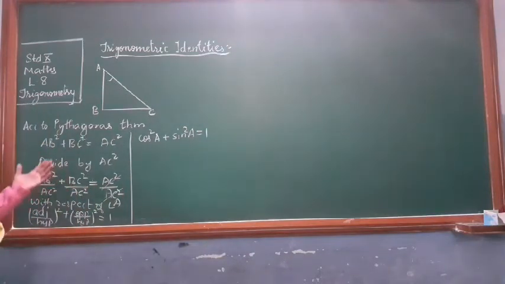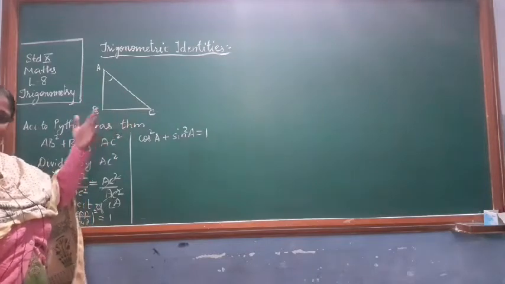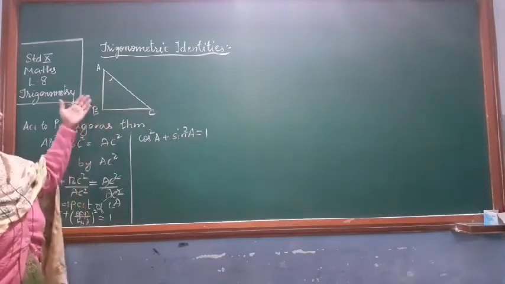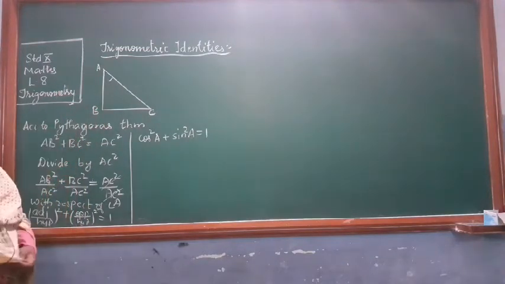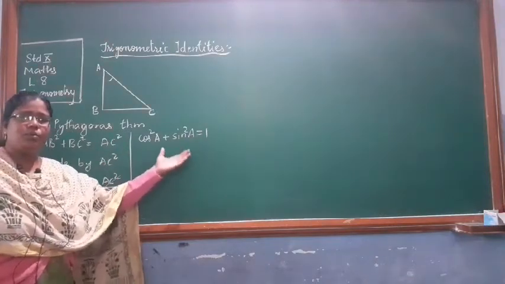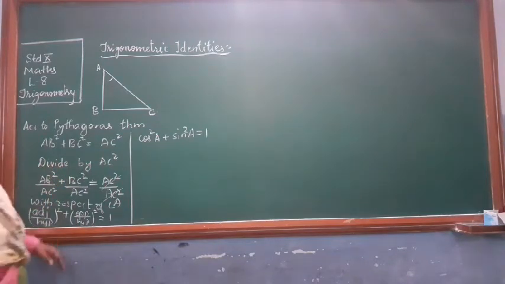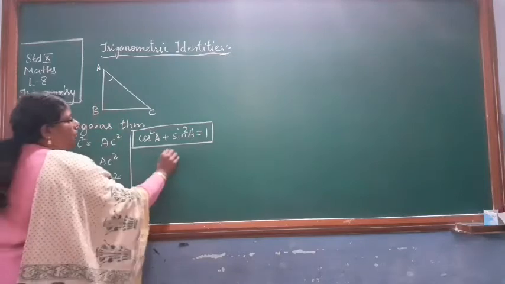Now, with respect to C, if you see, what will be AB by AC? It will be opposite, that again sin C हो जाएगा. So, any one angle you can take. And BC by AC will become adjacent side for C. So, there also you will get cos square C plus sin square C equal to 1. Followed all of you? So, this is the basic identity which you can have.